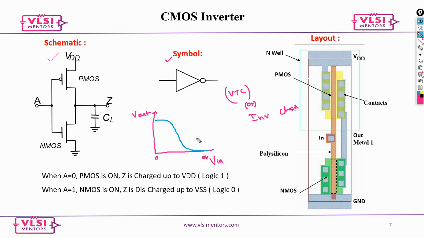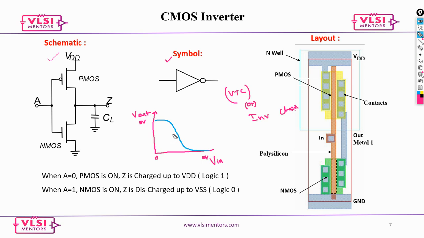With an inverter, when the input is zero, your output is going to be charged up to VDD, which is 5 volt here. Sorry, when your input becomes higher, that is basically 5 volt, your V out eventually becomes zero. So this is important when it comes to your inverter characteristics.